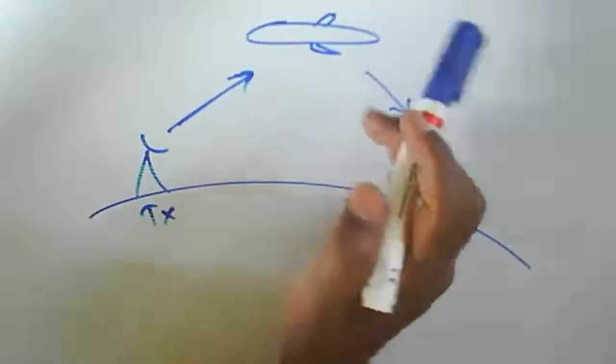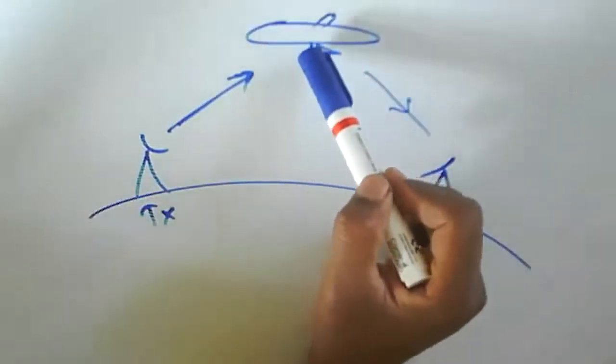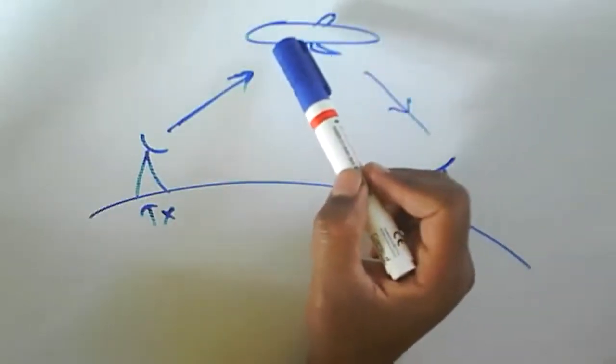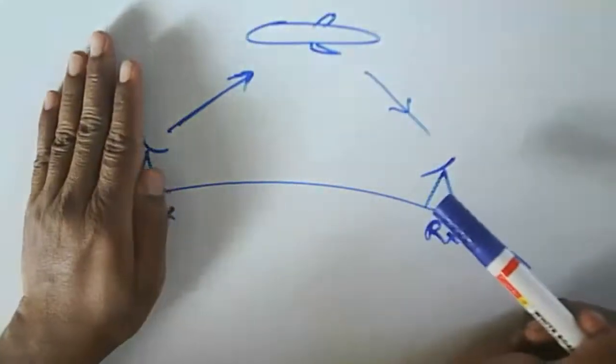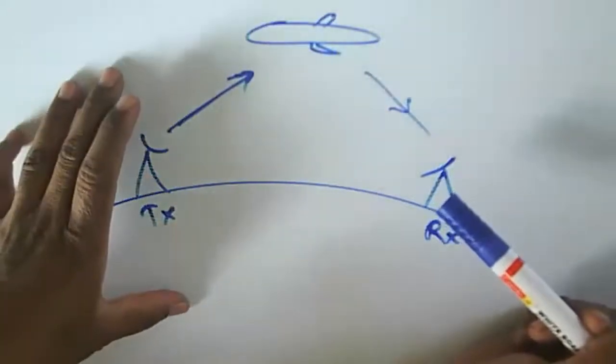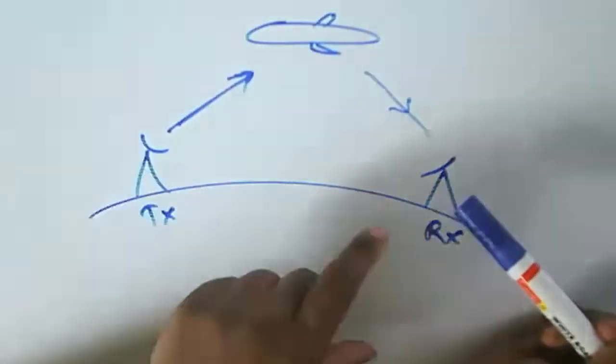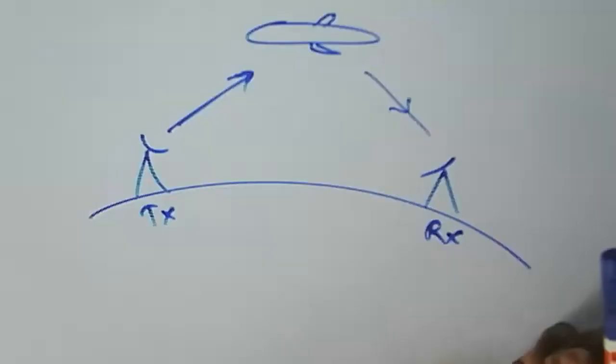So this is the object. The location or identification of that particular object can be identified by this receiver, not the transmitter. The only role of the transmitter is to send pulses, and the receiver will receive the pulses.